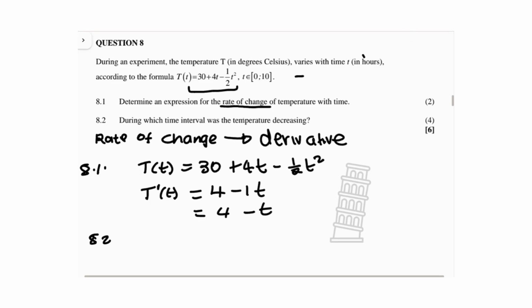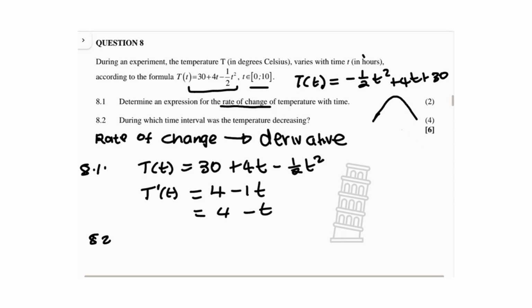If I rewrite it as negative 1/2 t squared + 4t + 30, we have a negative parabola. They also set t, which represents the x-axis, to be between 0 and 10, so we are only considering values from 0 to 10.